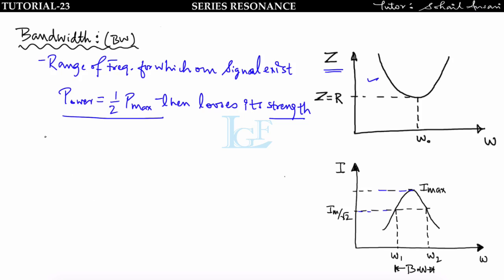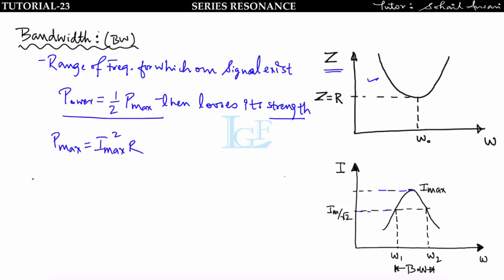We know that we define the limit such that when power is greater than half of P max, then that channel will exist, and when power is less than half of P max, then that channel will lose its strength. We know that P max is equal to I max square upon R.